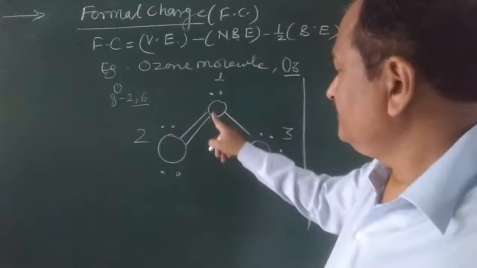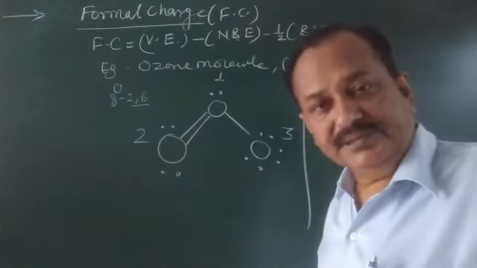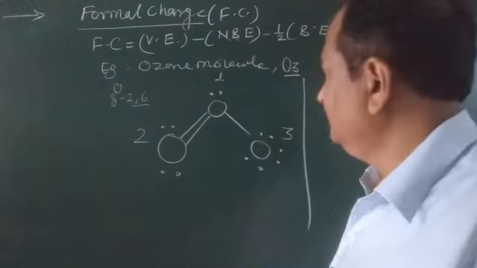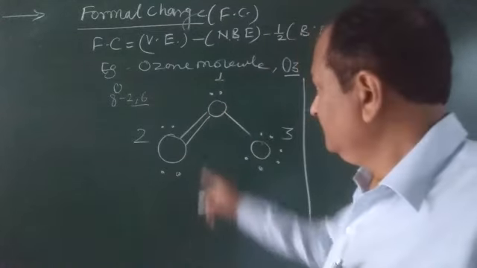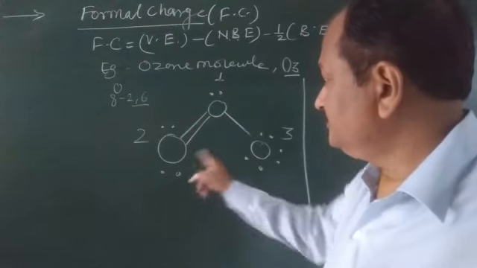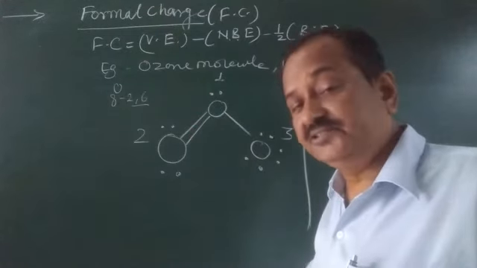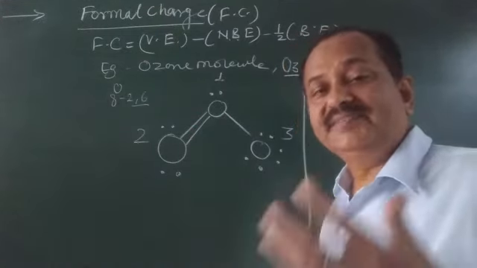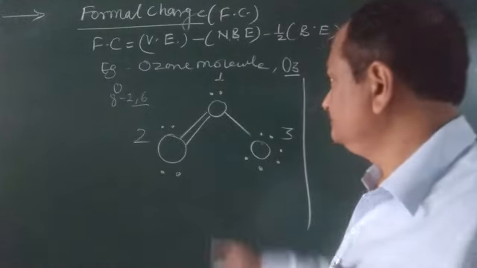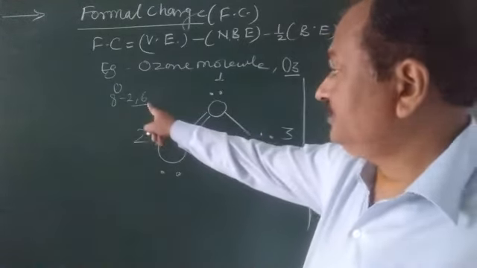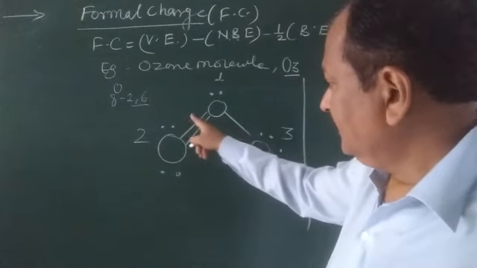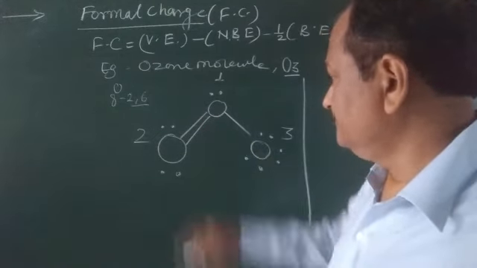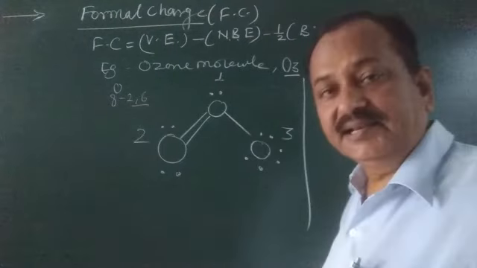So, see here, the octet is complete, and here 2 electrons are present, and these dotted electrons are non-bonded, meaning they have not participated in the bonding. Now, coming to 6 electrons, 2 electrons here, 2 electrons here, and 4 electrons here, and so we can have it like this.